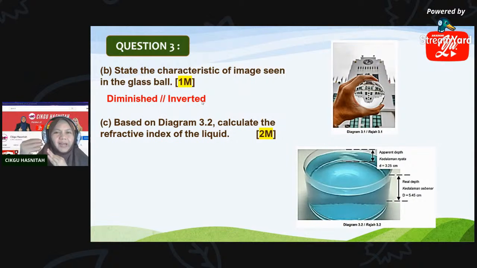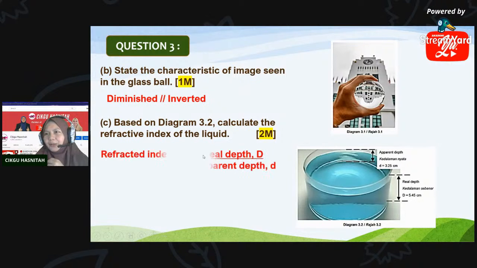Which one divide by which one? Apparent depth divide by real depth or real depth divide by apparent depth? Which one? So yes, it is n equal to real depth, write in capital D, divide apparent depth in small d. Dalam nyata bahagikan dengan dalam ketara if in bahasa.